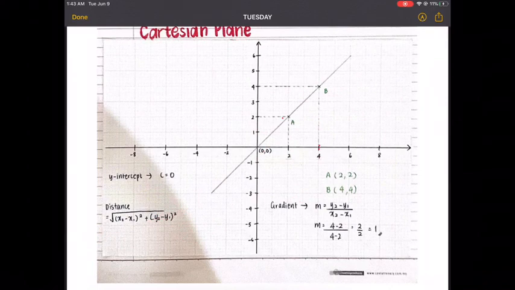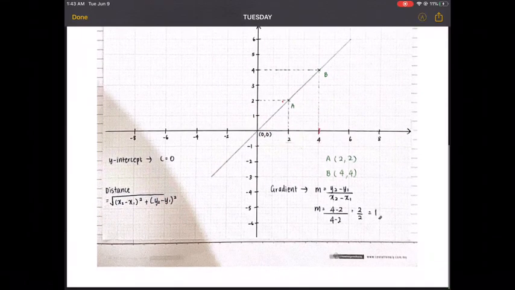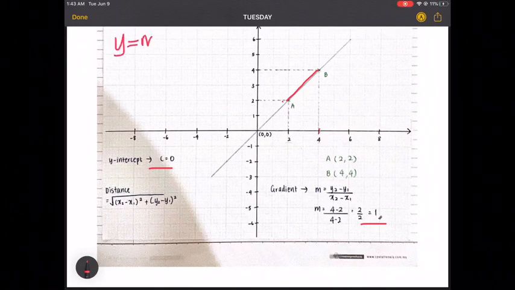Now let's find out how you can find the equation of line AB when you are given the gradient and the y-intercept. The equation of a straight line has the formula y equals mx plus c. So when you are given the gradient and the intercept, you just simply substitute it into this formula to get the equation of the line.